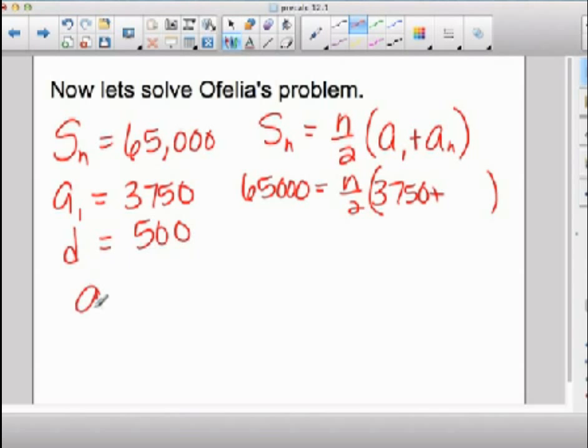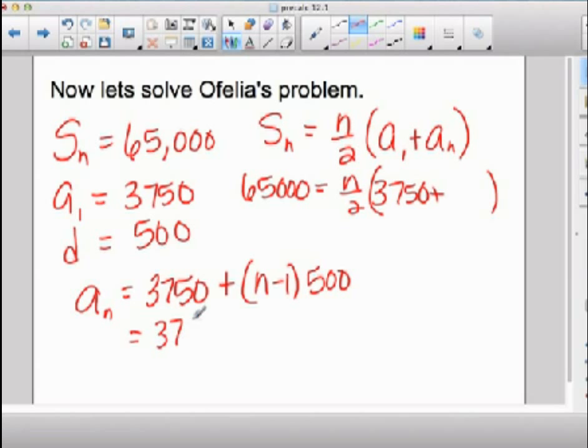Well, the last house is a sub n is equal to the first house, 3,750, plus n minus 1 times your common difference of 500. So that is 3,750 plus 500n minus 500.